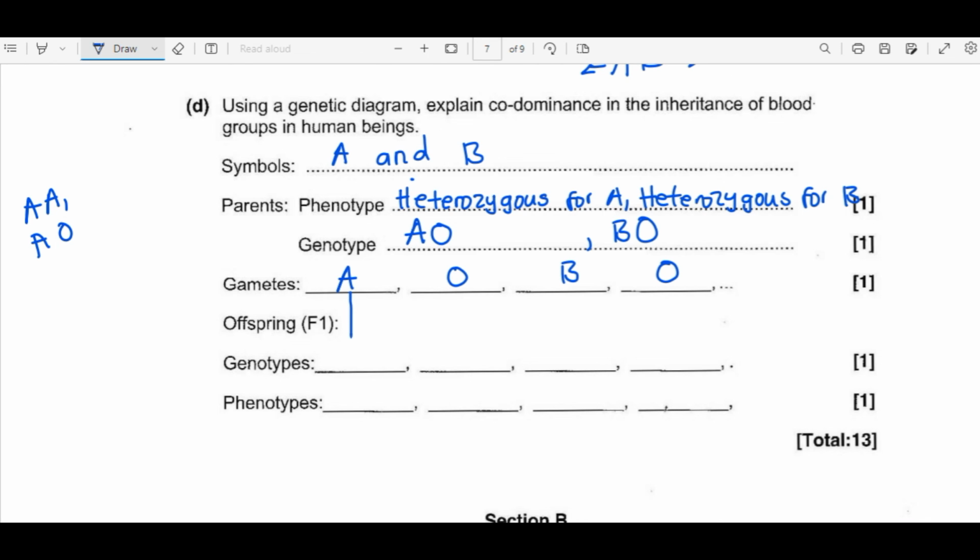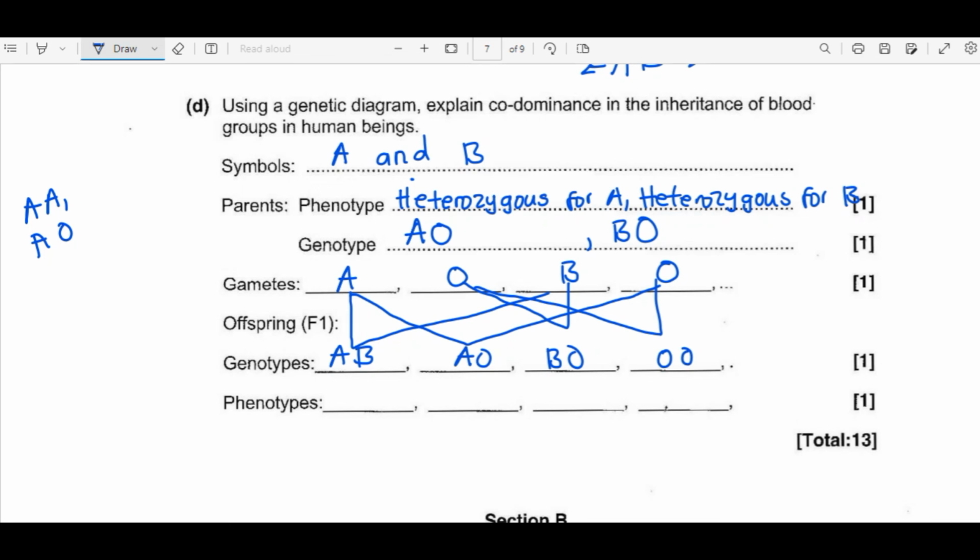So this one will give us AB. So that is our focus. Then this one will give us heterozygous AO. Then here we have BO. Then here we have OO.